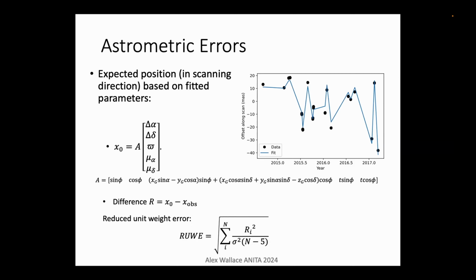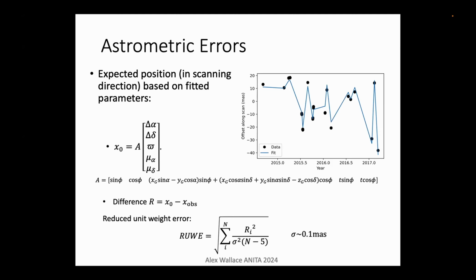So we can now calculate a difference between that expected position and the observed position, which I'm calling R there. And now I produce the important number, the reduced unit weight error, or RUWE, which is sort of like a chi-squared. Just sum up all the squares of these differences, divide by the number of degrees of freedom, because we're fitting 5 parameters, so n minus 5, and it's all divided by sigma squared, which is generally of the order 0.1 milliarcseconds, but it sort of varies from star to star.